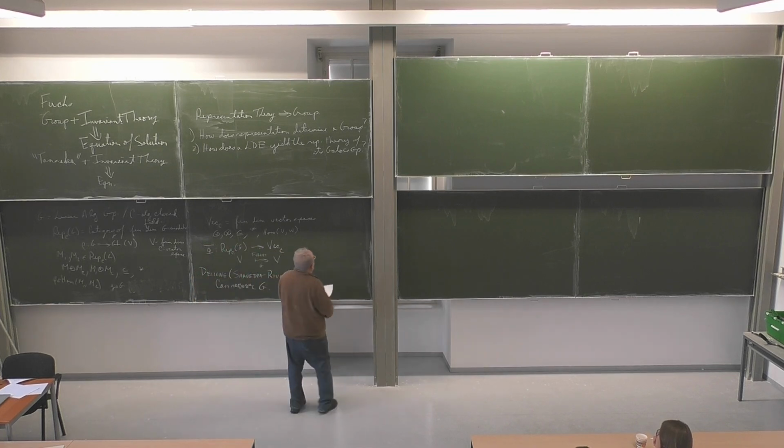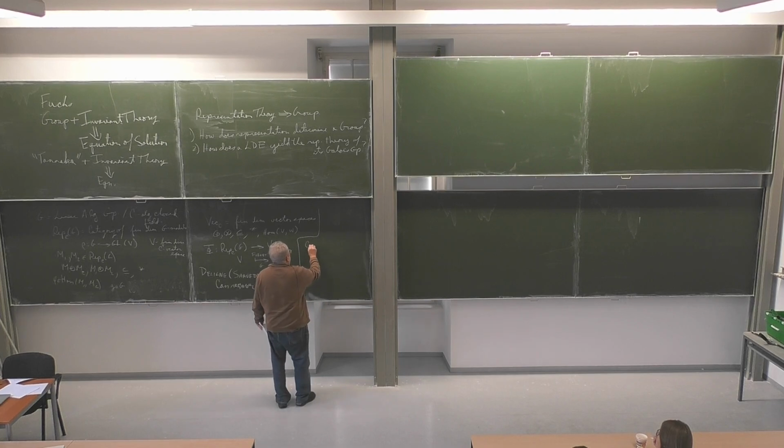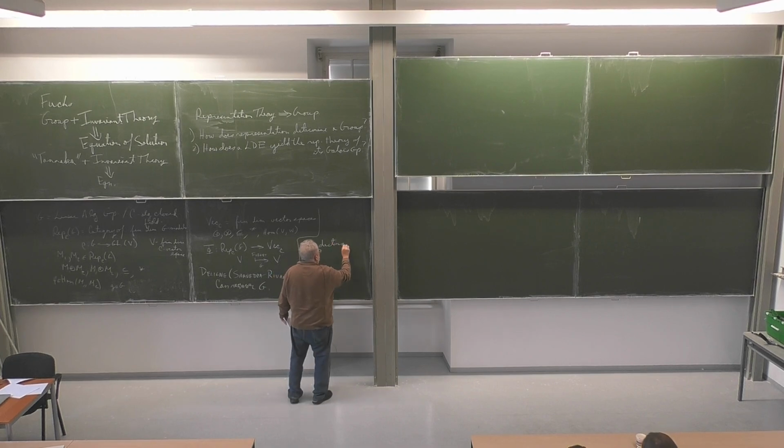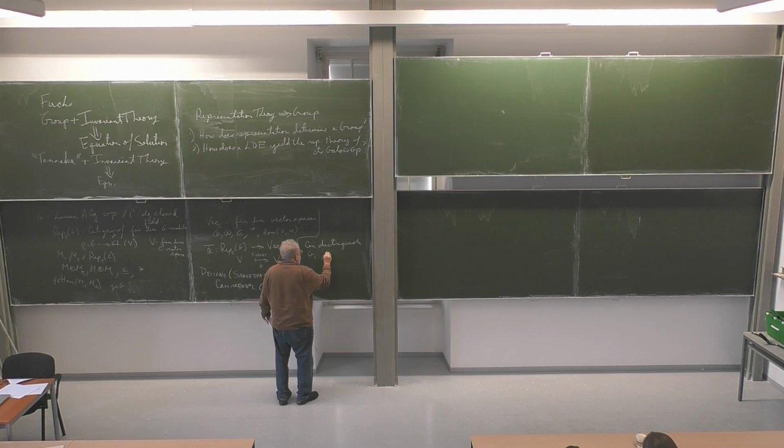So the takeaway from this is that we can distinguish G1 and G2 by looking at representations.